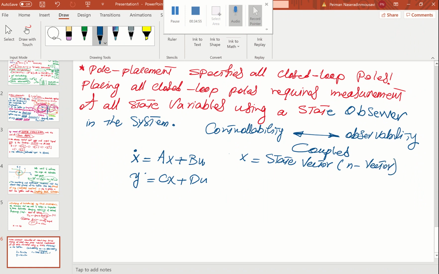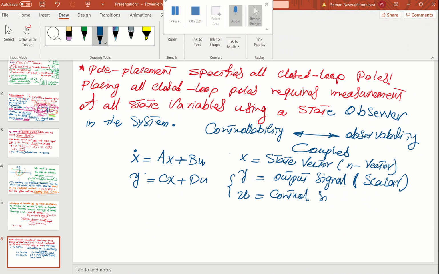You have n state variables. Y is the output signal that you want to control. It's a scalar here. U is the control signal that you're going to design as a controller and implement. Also, this is scalar because I'm talking now about a SISO system, single input, single output.